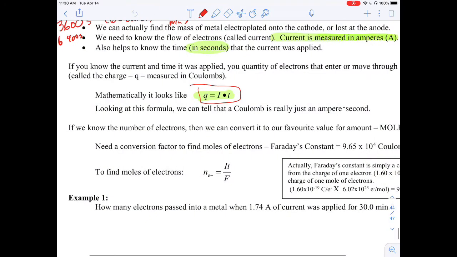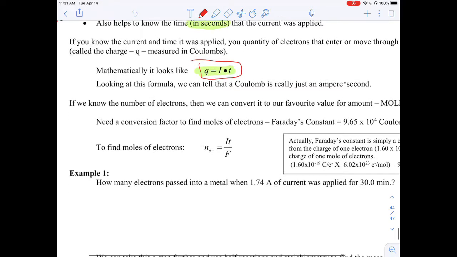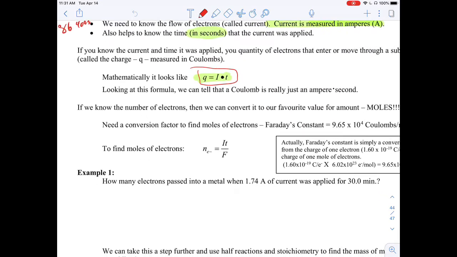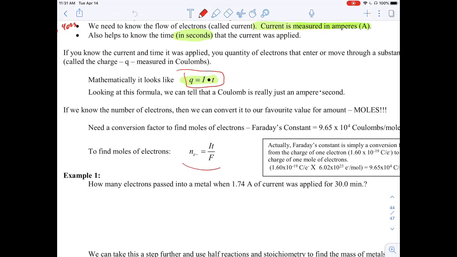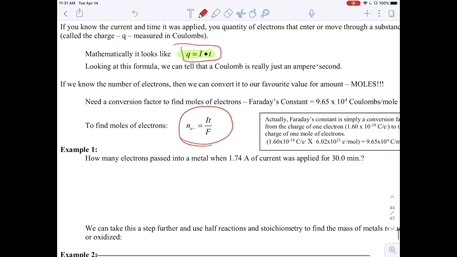So this formula can be used to find the relationship between time and current and coulombs, but it becomes interesting when we start to relate that to the number of moles. So example one, the question in example one, is using this formula.